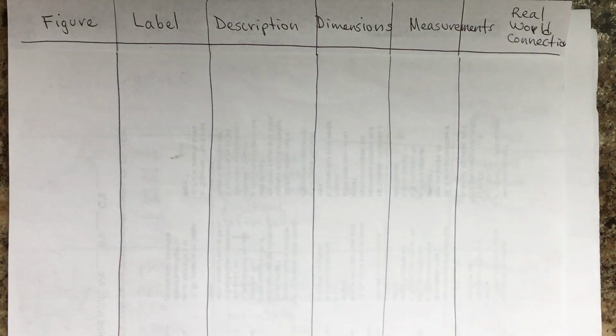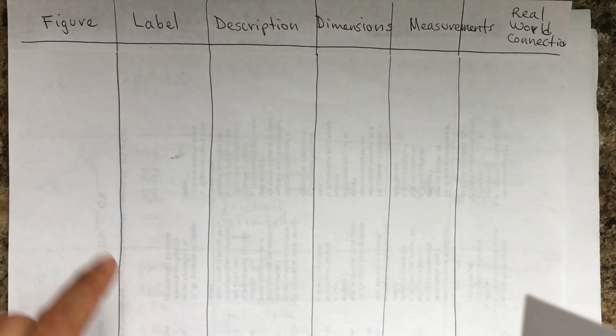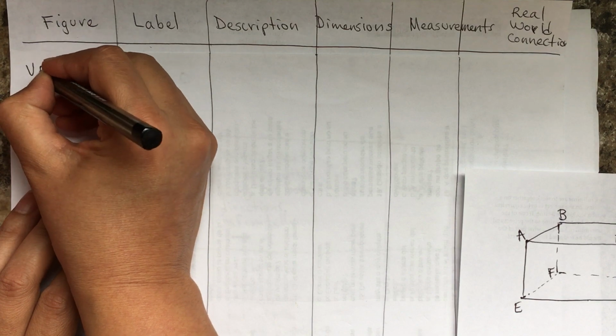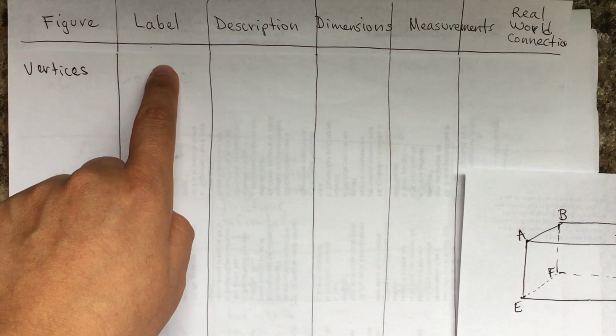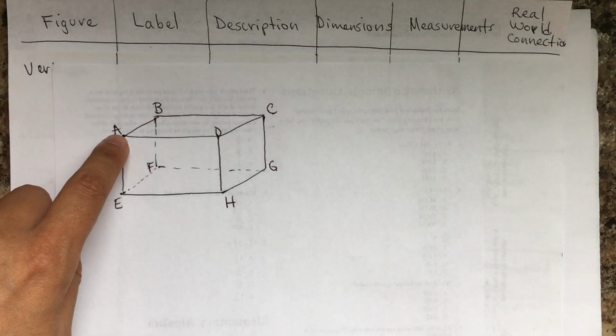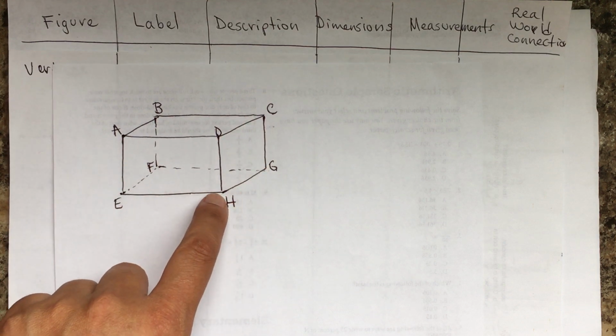And so what we're going to learn now is vertices. We're not going to put a label. Vertices are just, some people call them the corners.